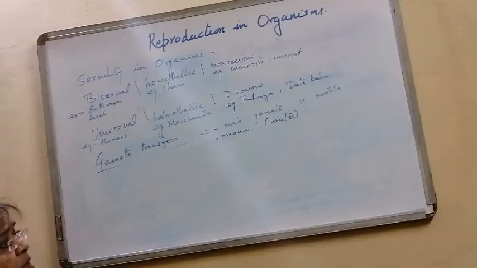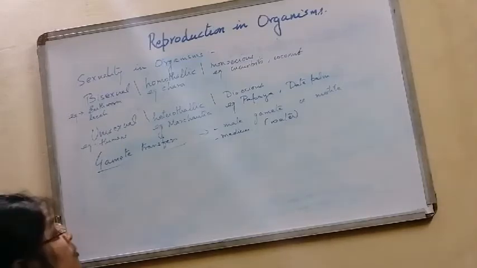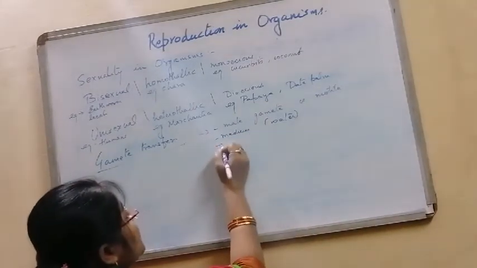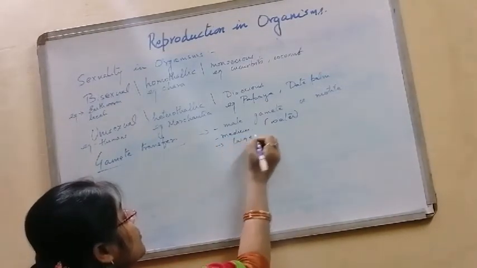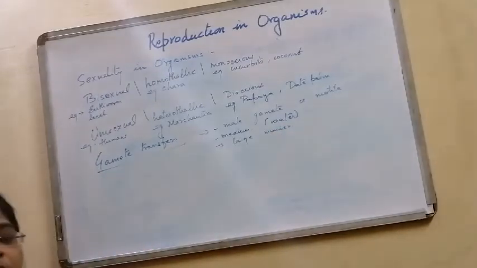And therefore, the male gametes are also produced in large numbers, because during the process of transfer they get destroyed. To ensure that they fertilize the female gamete and lead to the formation of the zygote, they are produced in large numbers.